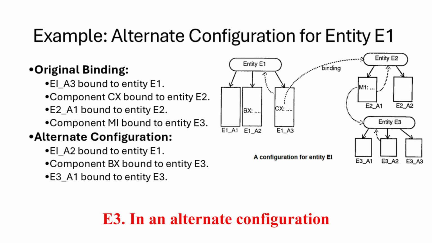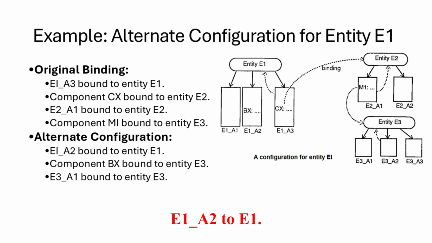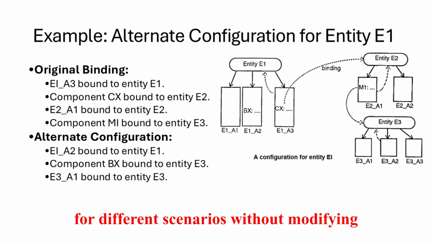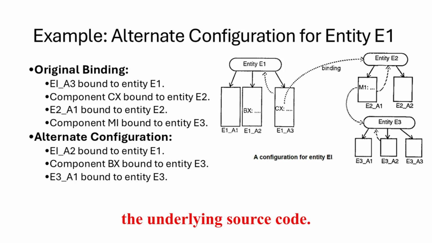In an alternate configuration for entity E1, we can make these changes. Bind architecture E1_A2 to E1. Bind component BX within E1_A2 to entity E3. Use architecture E3_A1 for entity E3. This flexibility in configuration allows us to adapt designs for different scenarios without modifying the underlying source code.